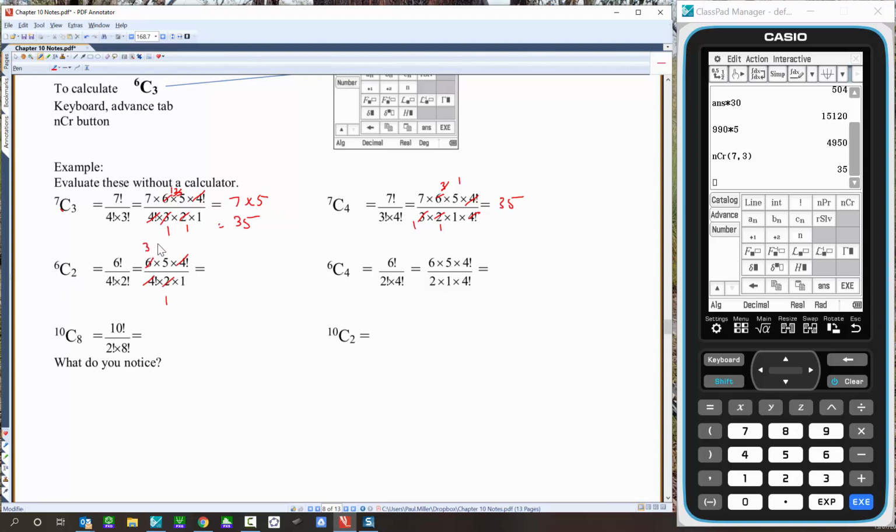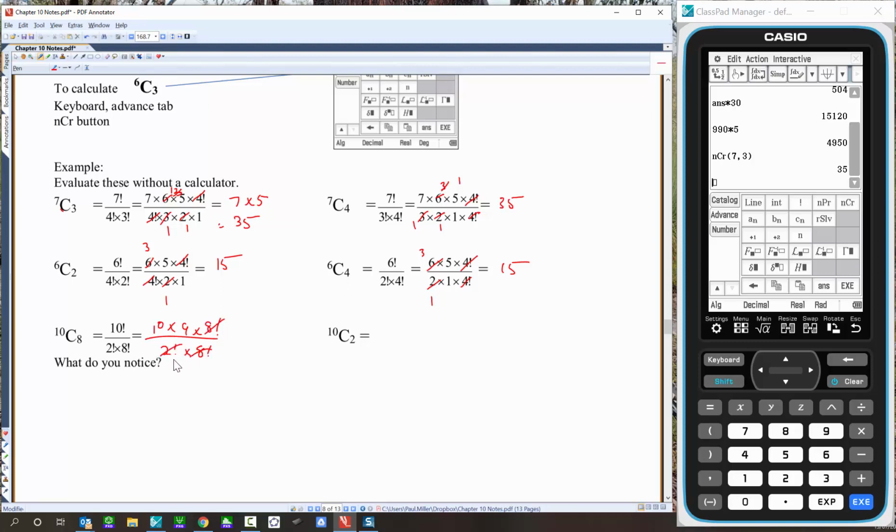All right, 6, 2, gone. 15. Gone. All right, so that's going to be 10 times 9 times 8 factorial over 2 factorial times 8 factorial. They'll cancel out.